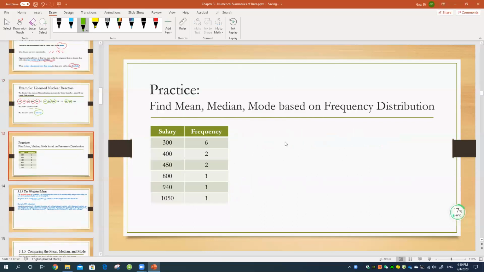Okay, now another practice problem. We want to find the mean, median, and mode based on a frequency distribution. So this is actually a single value grouping method.